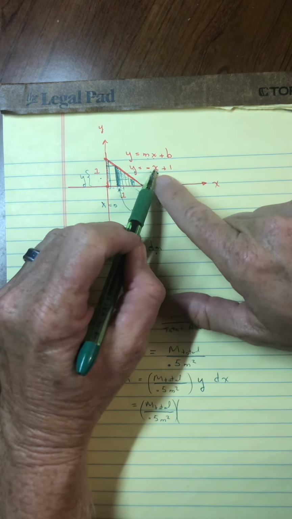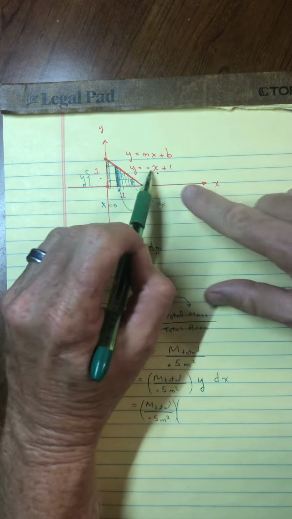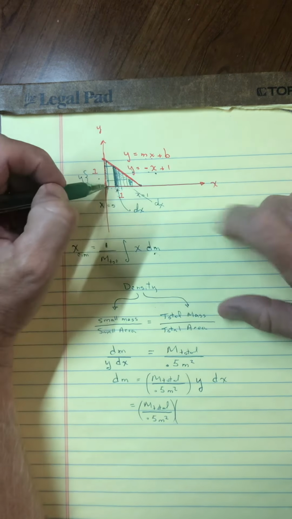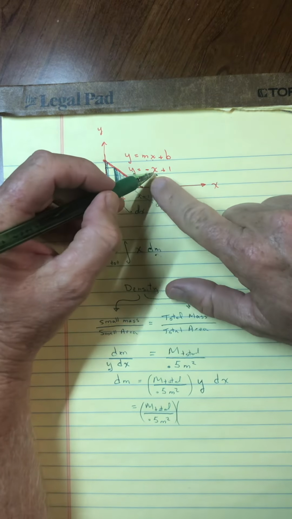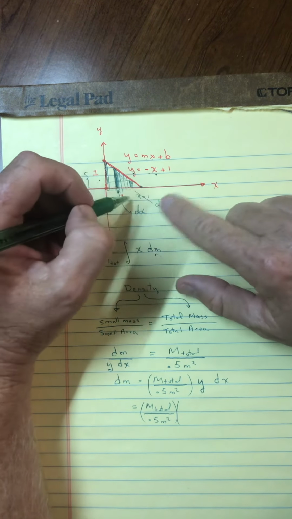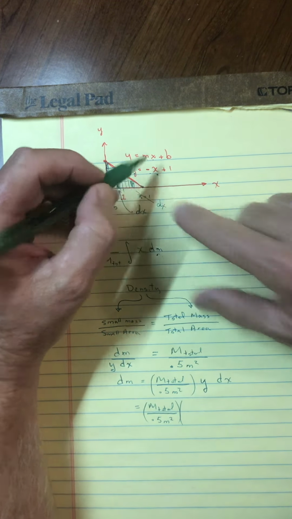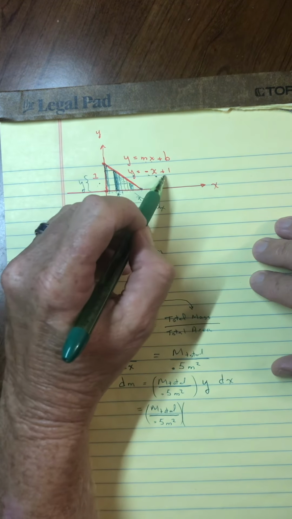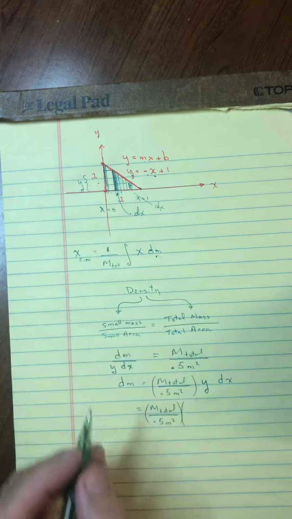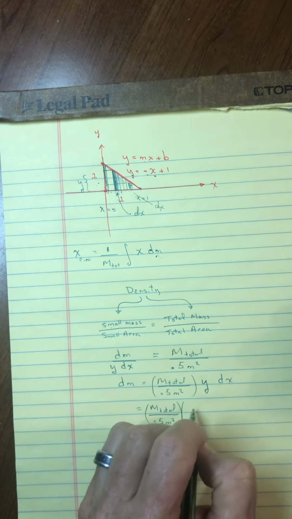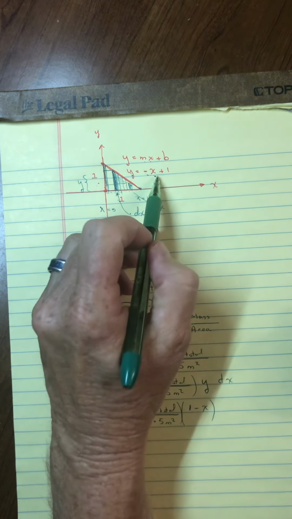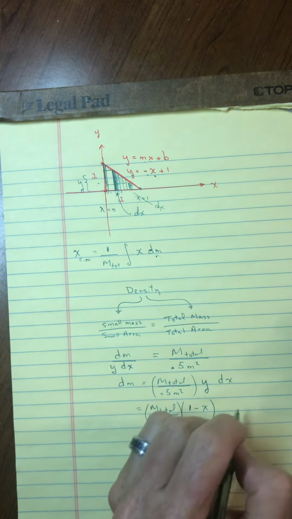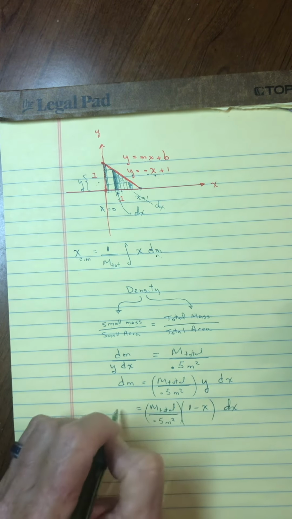So in other words, if I am at x equals 0, put in a 0 here and you get a height of 1. So that'd be this first strip. And then as I work out here, as x gets bigger and bigger, the height gets smaller and smaller. And eventually when x equals 1, the height is 0. So -1 plus 1 is 0. But I can replace that then with 1 minus x, if you let me just kind of change the order here. And then there's my dx.